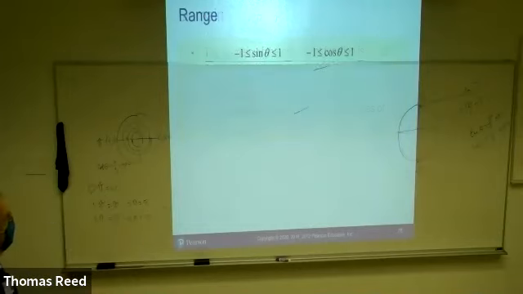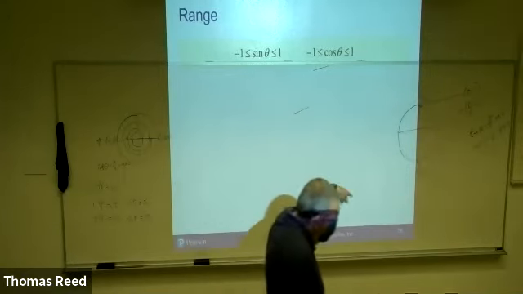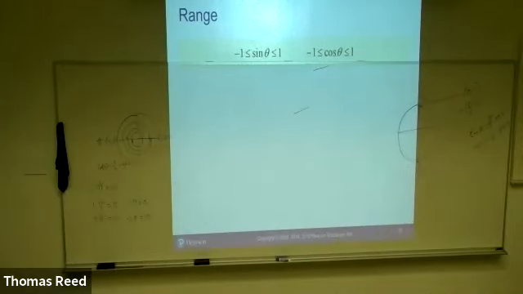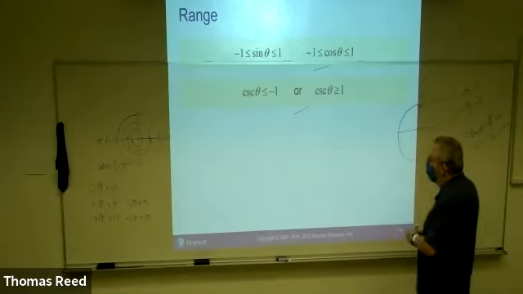Now the range for sine, we already discussed, is the same as for cosine, from -1 to 1 in both cases. For cosecant, it's either less than -1 or greater than 1. It's not going to happen between -1 and 1.